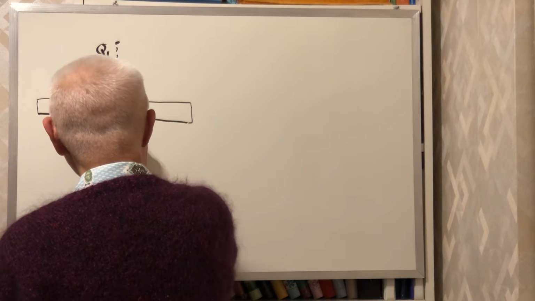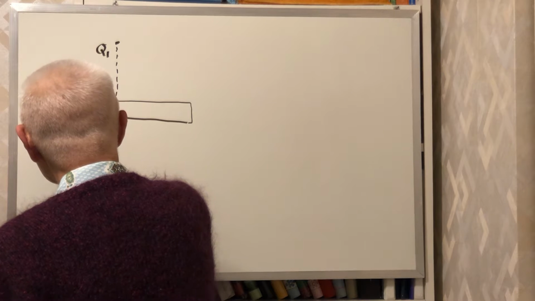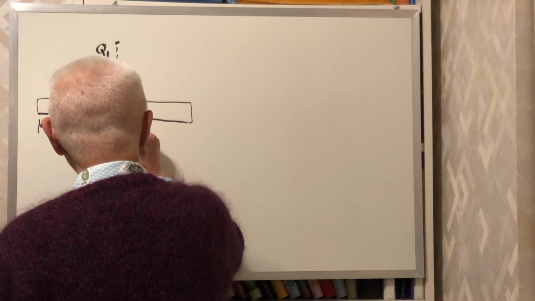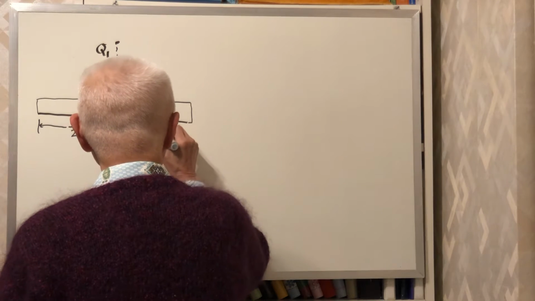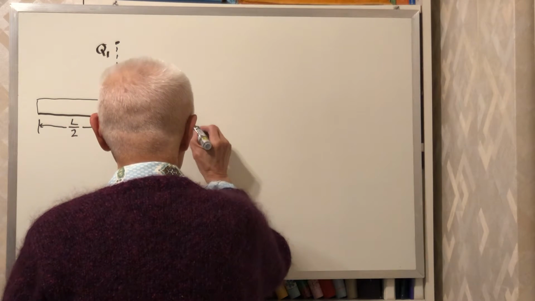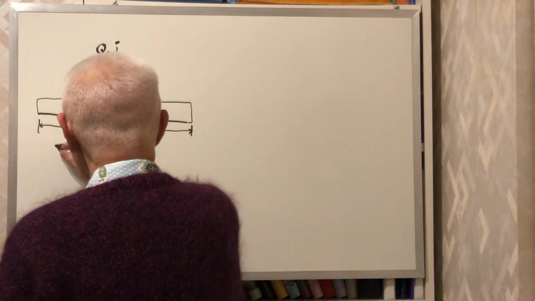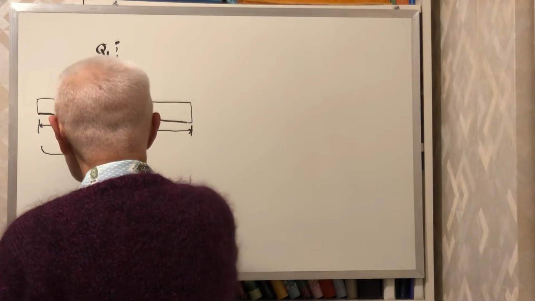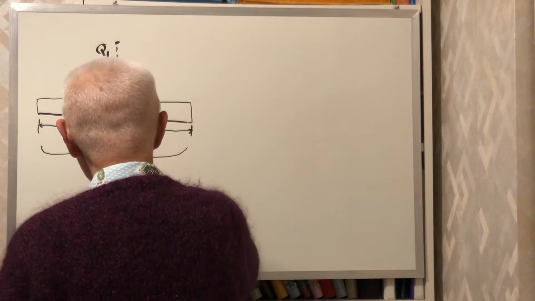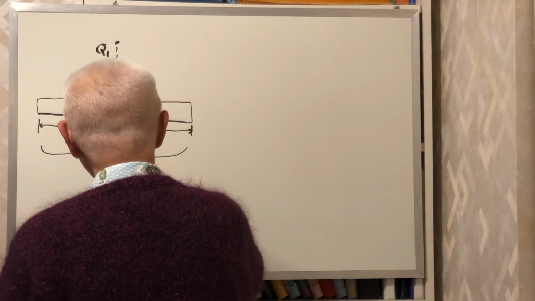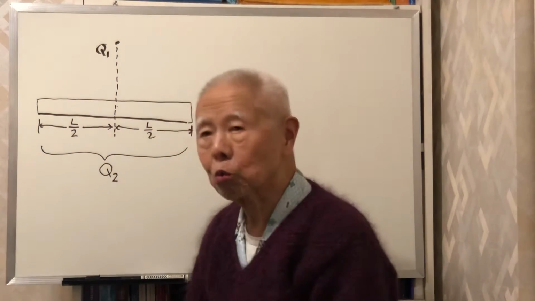Half of L here. Half of L here. The total charge on the rod is Q2. The point charge is Q1.